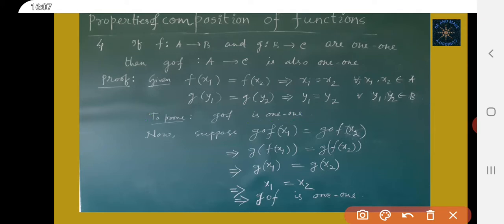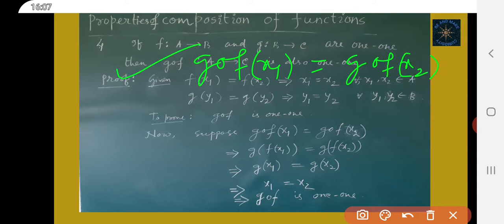GOF is one-one means we have to show GOF of x1 is equal to GOF of x2, and if we get x1 is equal to x2, then we can say GOF is one-one.